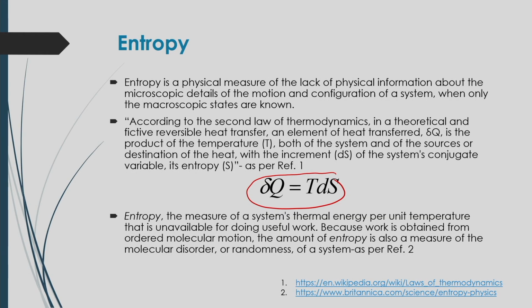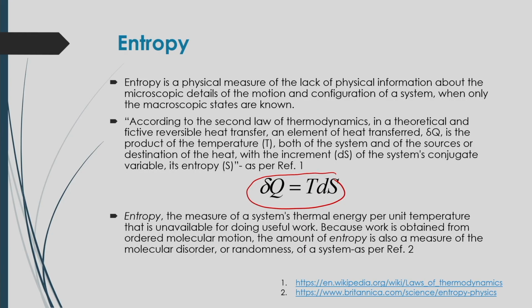According to the second law of thermodynamics, in a theoretical and fictive reversible heat transfer, an element of heat transferred, delta Q, is the product of the temperature of both the system and the source or destination of the heat, with the increment delta S of the system's conjugate variable, which is called entropy.